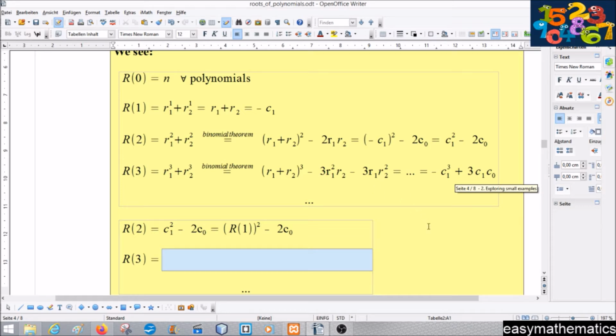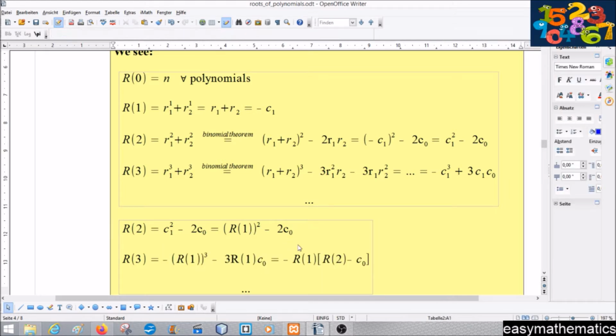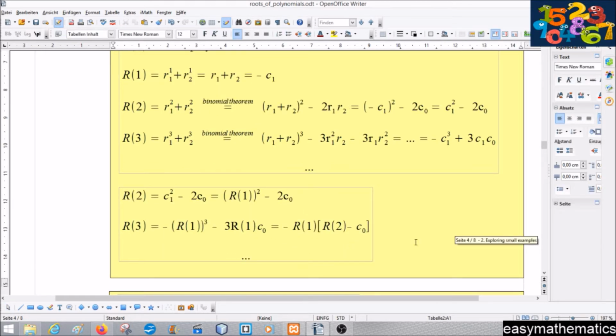And we see that we can try to write these sums also in terms of the previous power sums. For example, R2 can be written as R1 squared minus 2c0, or we can try to write R3 in terms of the previous power sums, and we find, for example, minus c1 times R2 minus c0 times R1, and so on and so forth.